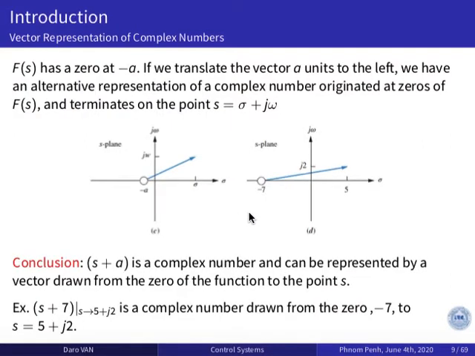Now we can conclude that s plus a is a complex number and can be represented by a vector drawn from the zero of the function to the point s. For example, we have the complex function s plus 7, and if s equal 5 plus 2j, this is a complex number drawn from the zero, I mean minus 7, to this s, which is depicted in these figures.